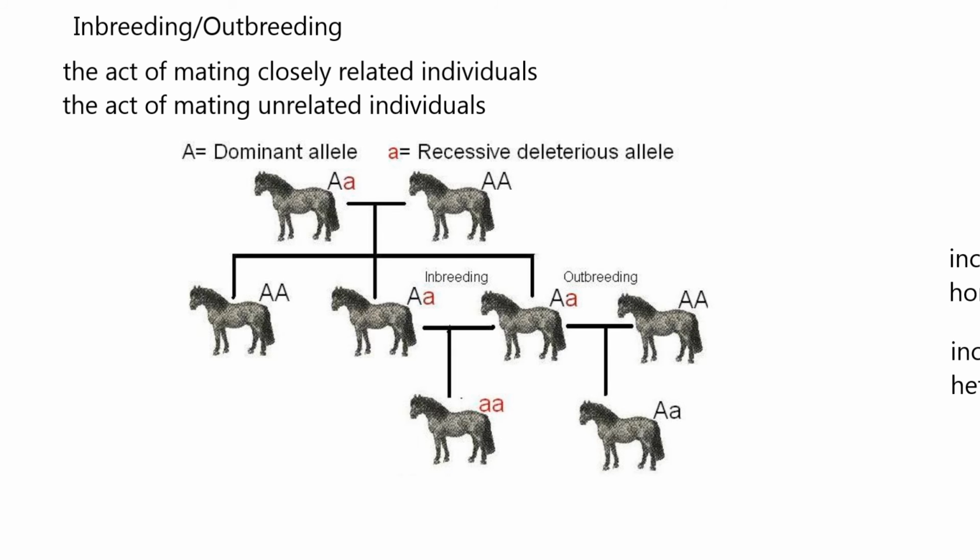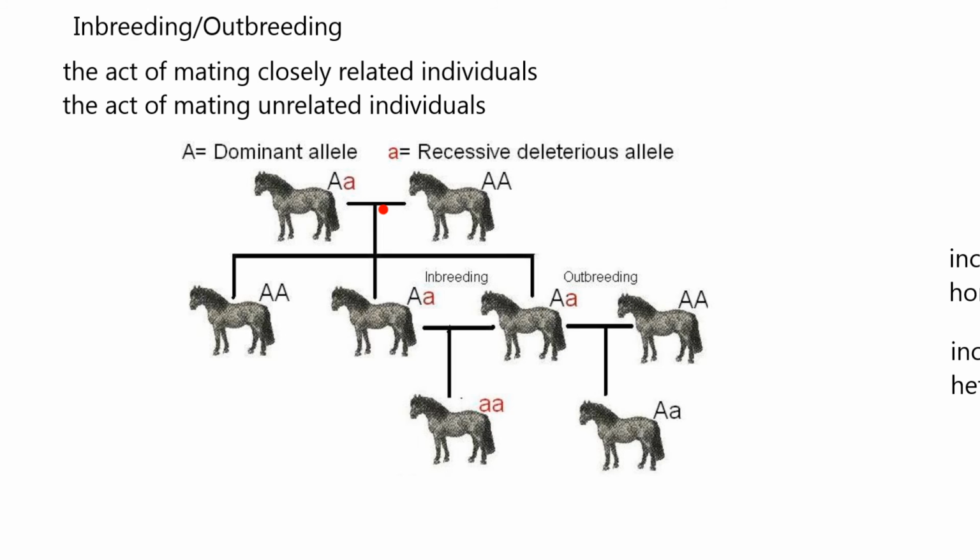Look at the parents. It doesn't say which is which, but let's say this is the sire. The sire is a carrier, so it's not going to express that recessive trait, but it's going to carry it. And let's say the dam is over here and she doesn't have any copies of it.